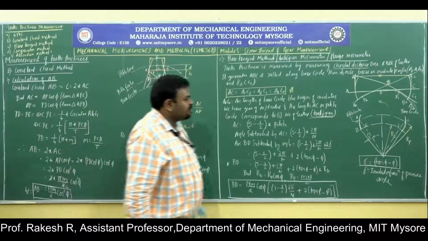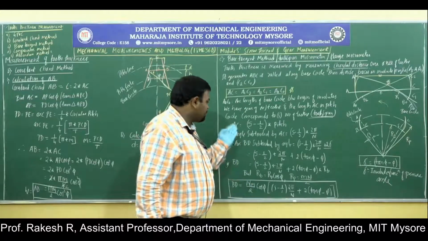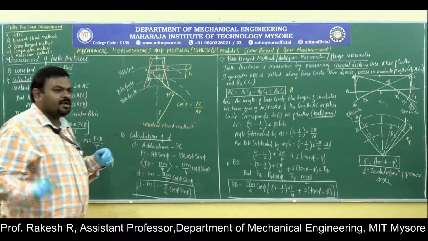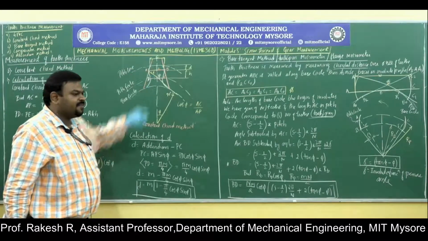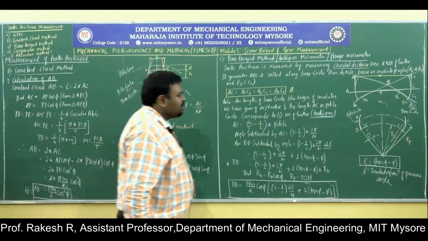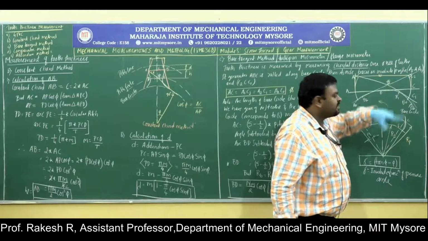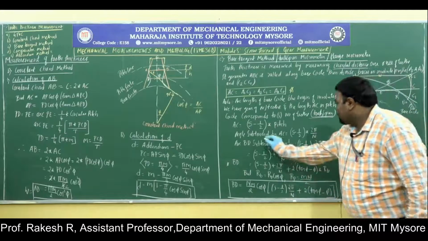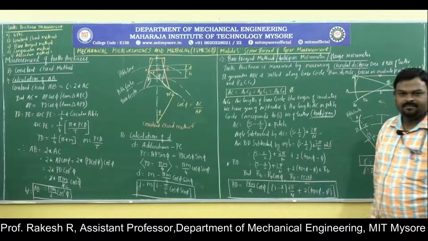Here also the same derivation continues, AC and BD. Here, only one assumption, that is C. The width is equal to 2 into AC, the same thing. We have calculated BD and AC, height and width.